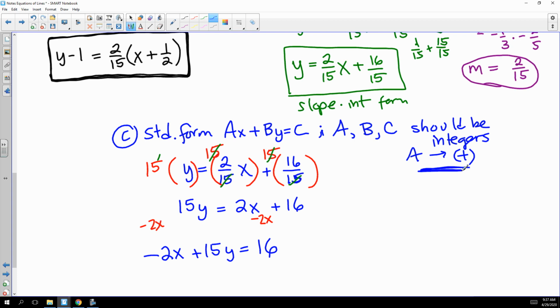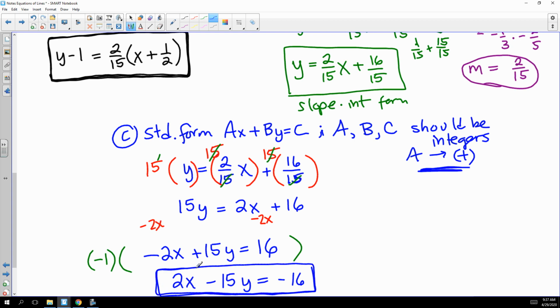So now I'm just going to multiply the entire equation through by -1 so that the value of a is positive, and my final answer will be 2x minus 15y equals negative 16, and that's the standard form equation of the line. Notice that there are no fractions in standard form, and it is written in the form ax plus by equals c. And a, b, and c are all integers.